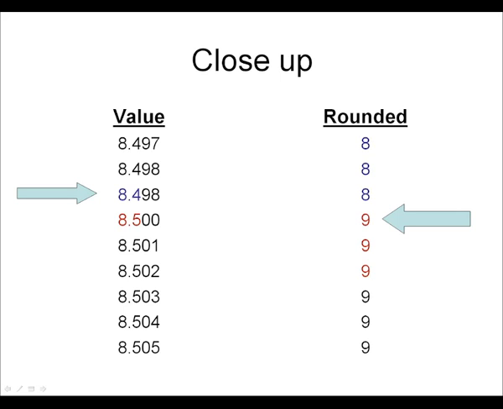So when we're counting in units now, the digit we're interested in is the 8, the digit after the one we're interested in is the 4, and as soon as that changes to a 5, then we say we've rounded to the next unit.